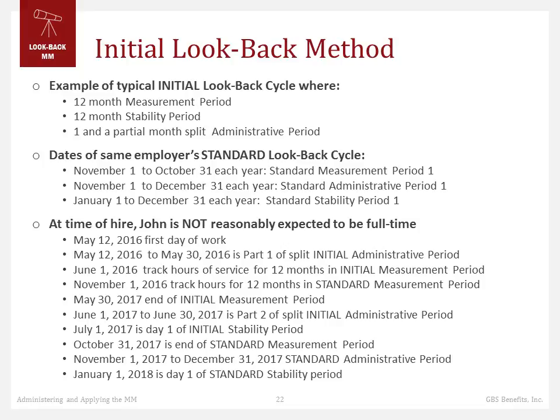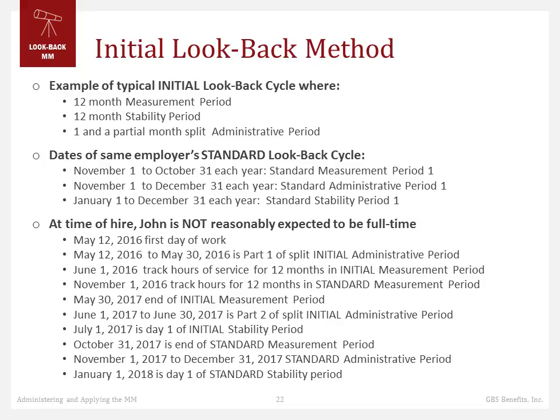May 30th, 2017 is the end of the initial measurement period. And then for the initial cycle, you'd have June 1, 2017 through June 30th is part 2 of the split initial administrative period. July 1, 2017 is day 1 of the initial stability period.